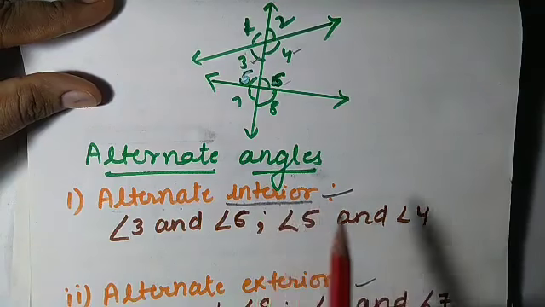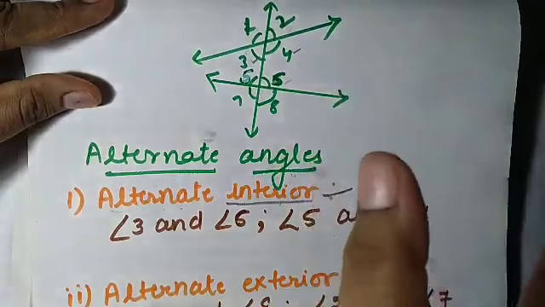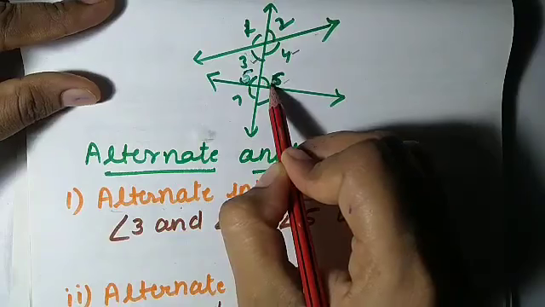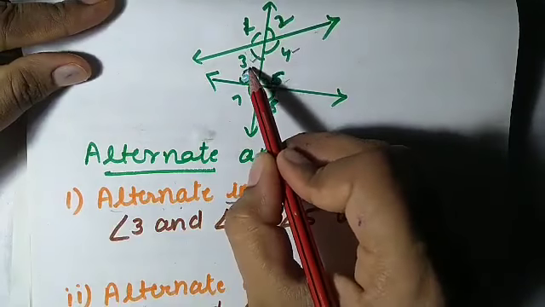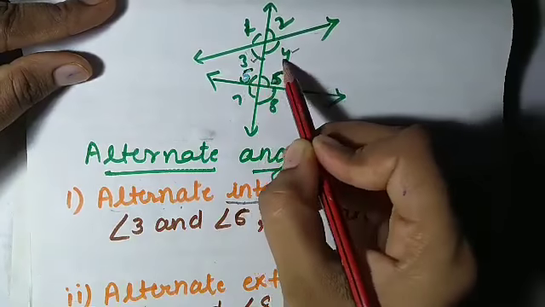We have to find alternate interior. Alternate interior means alternate side and inside, inside the lines and alternate position of the transversal. So here the pairs are 3 and 6 and 5 and 4.